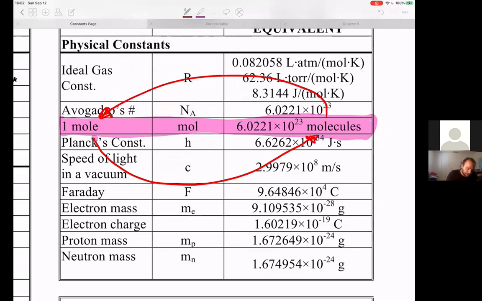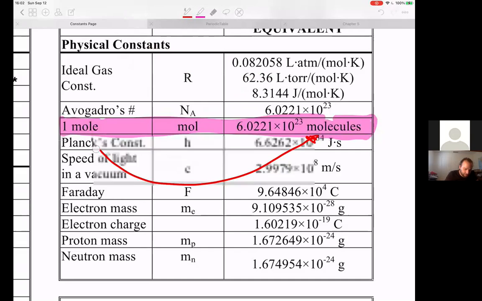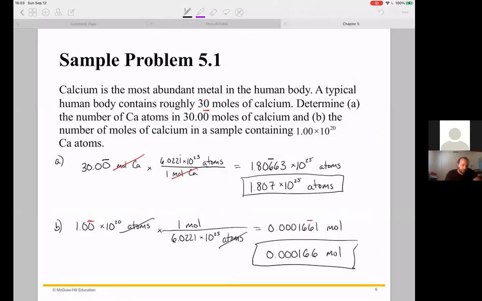Can go either way, depending on which way I flip that conversion factor. The whole atoms or molecules thing, remember, if you just have calcium all by itself, that would be a calcium atom. But if you had something like calcium oxide, you would call that a molecule. Okay, anything more than one atom combined.